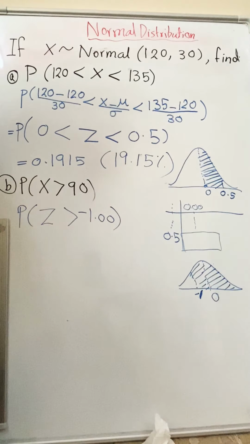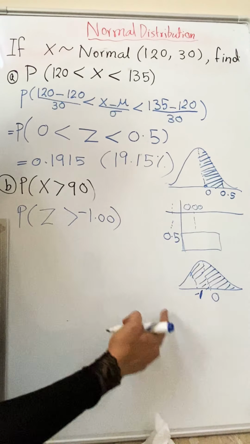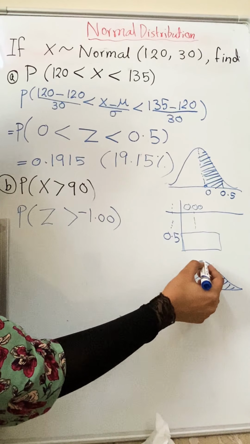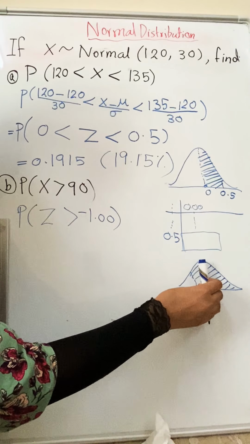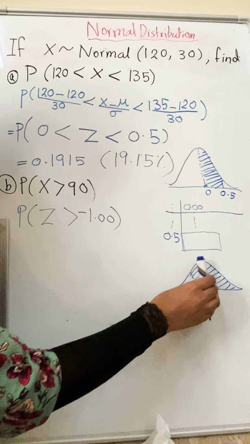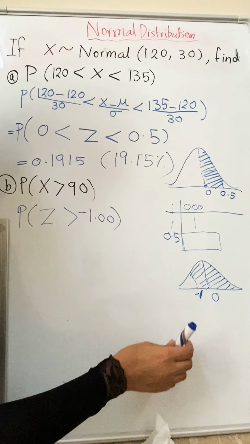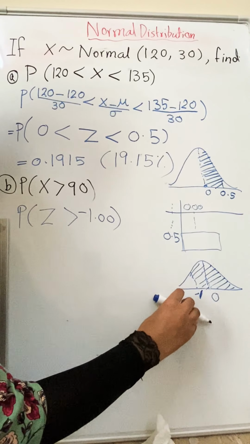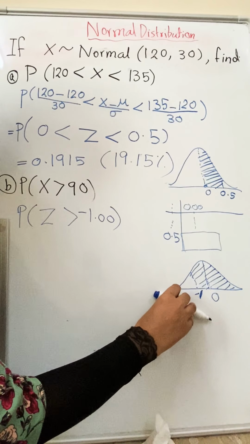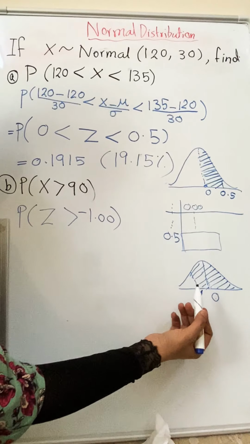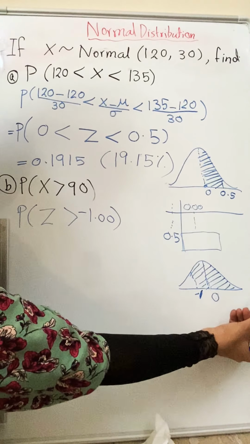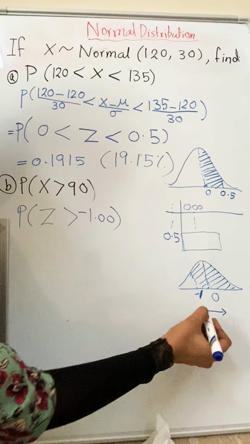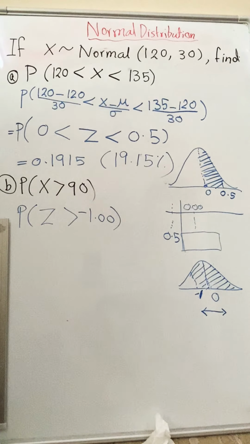So what we know about the standard normal curve is that the total area is 1. And if we cut the curve into two parts, the right side part will be 0.5 and the left side area will be 0.5. So if we say we want the area from -1 to 0, we can get it from the table.